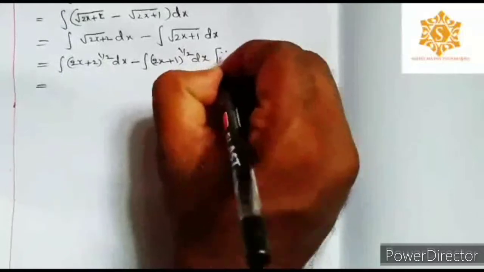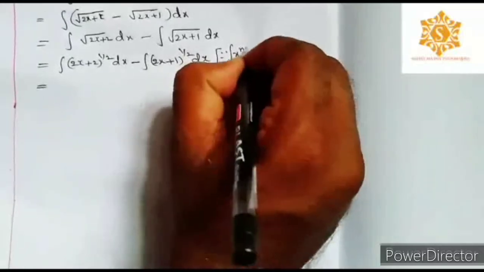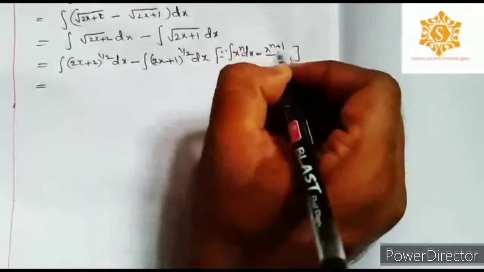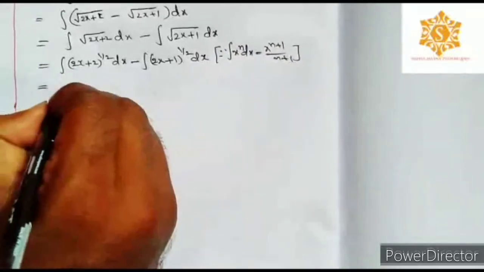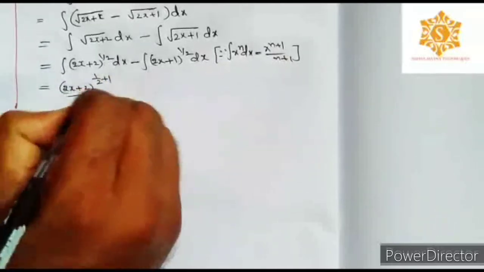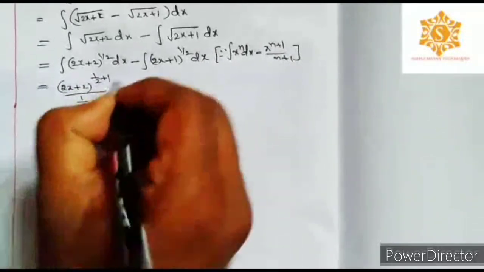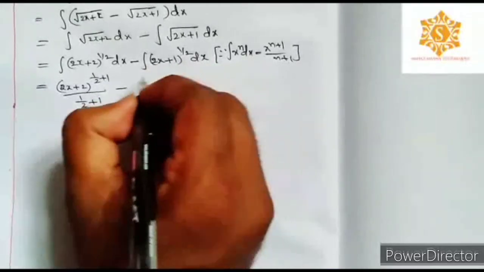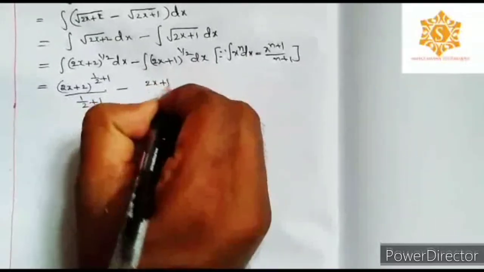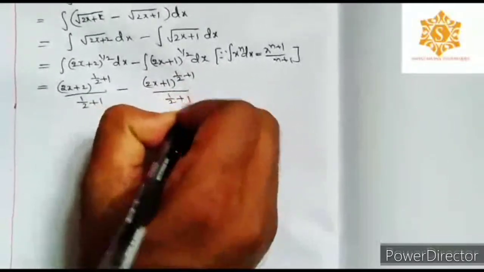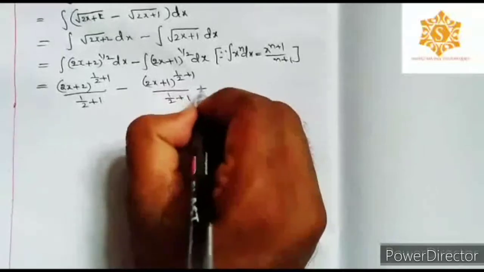So using the formula integration of x power n dx is x power n plus 1 by n plus 1, you can write these two values: (2x+2) whole power 1 by 2 plus 1 by 1 by 2 plus 1, minus, here also integration of (2x+1) whole power 1 by 2 dx as (2x+1) whole power 1 by 2 plus 1 by 1 by 2 plus 1, plus c.